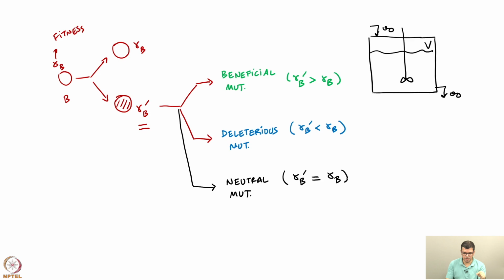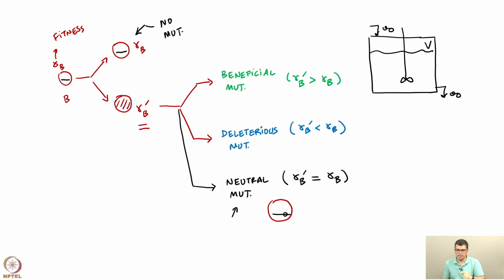So the difference between neutral mutation, this case, and this case is that in this case there was no mutation. The genotype of this individual and this individual are identical. However, in the neutral mutation case, the genotype of this individual is carrying one mutation.